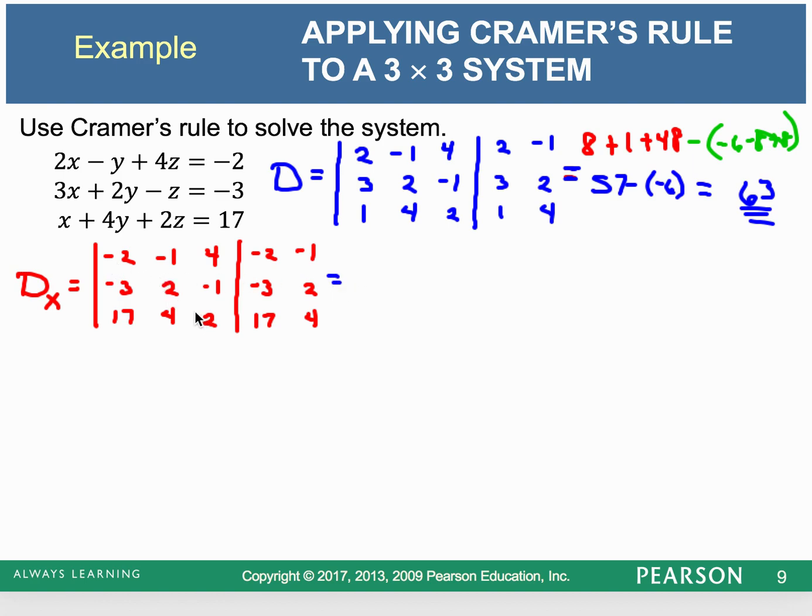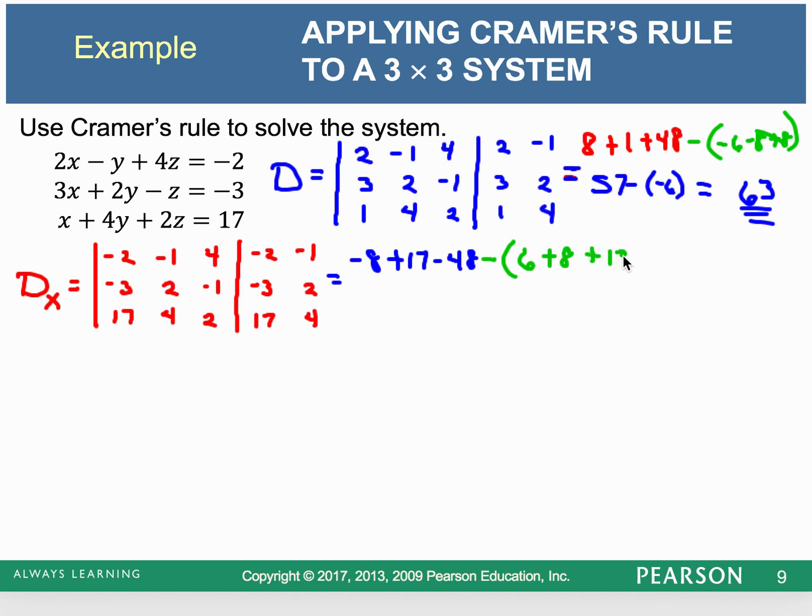Okay, so negative 8 plus 17 minus 48, 12 times 4, minus 48. Now it's minus in the opposite direction. So 6 plus 8. Okay, 8 times 17, let's see, 136.